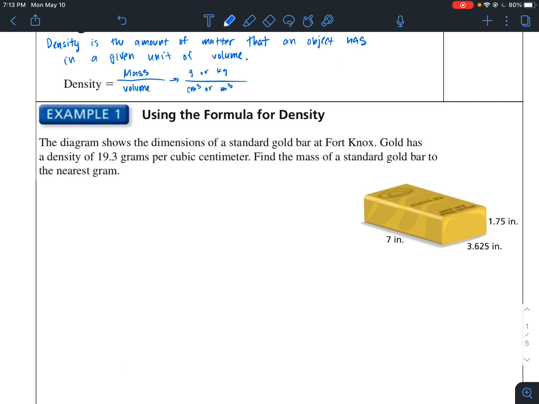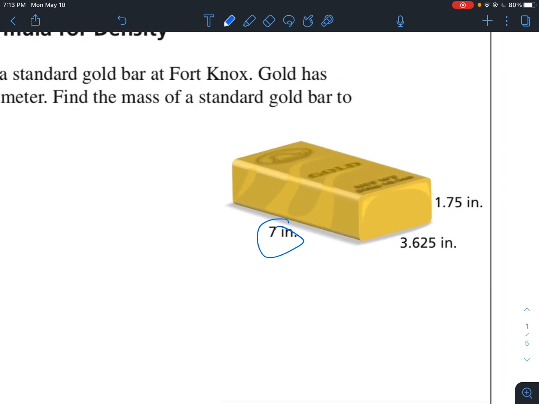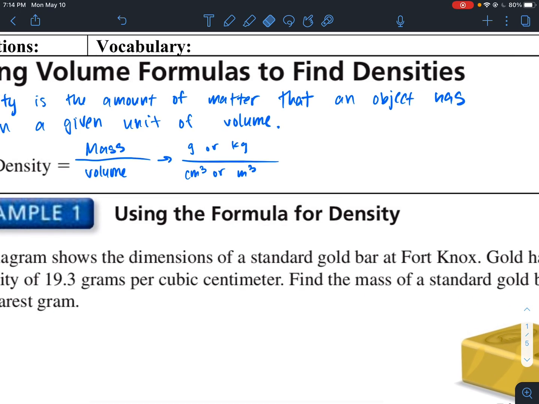First things first, notice that these dimensions are in inches. We want our volume to be in centimeters or meters, so let's change these to be in centimeters.